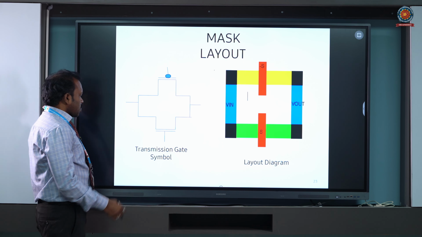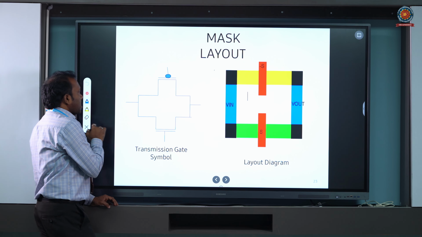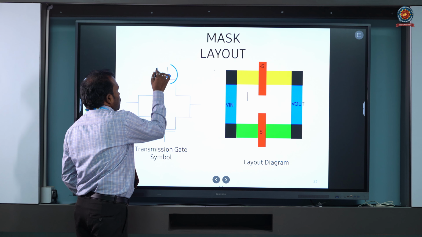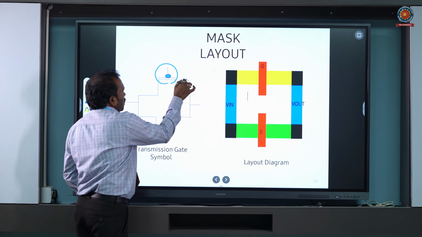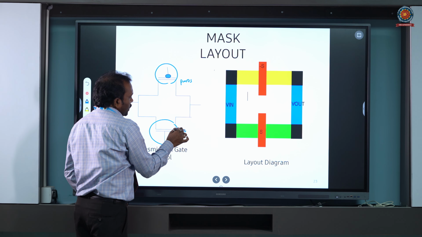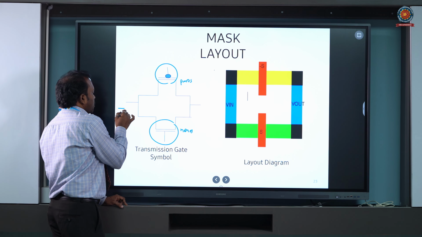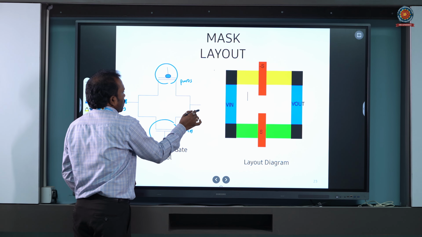Now this is the mask layout. This is called the transmission gate symbol, where we have both an NMOS transistor and a PMOS transistor. Now this is your PMOS and this is NMOS. A transmission gate simply transfers the data from the input to the output.